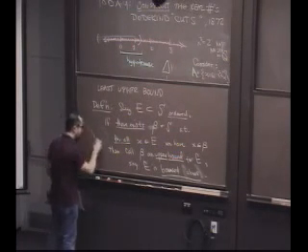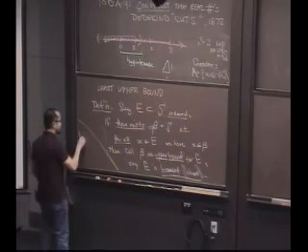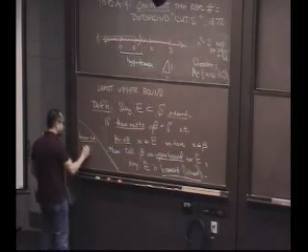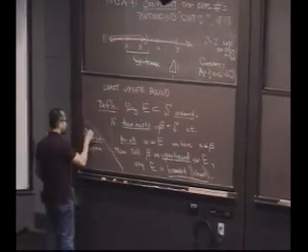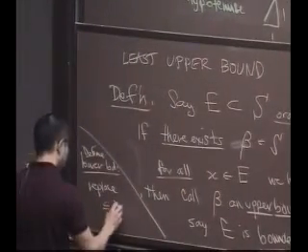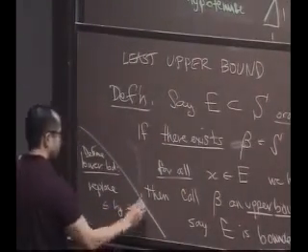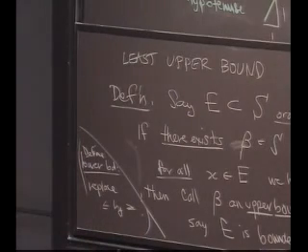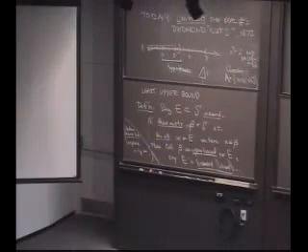So to define a lower bound, replace less than or equal to by greater than or equal to. Okay, parenthetical comment: you could talk about being bounded below. Okay, everybody happy with that?